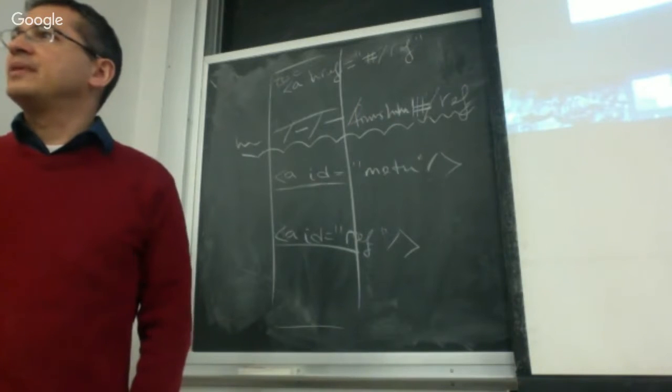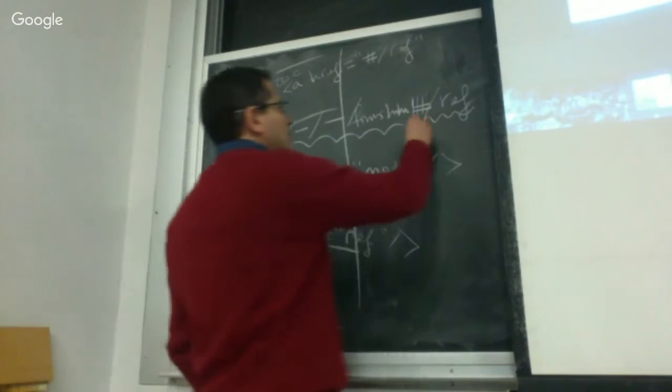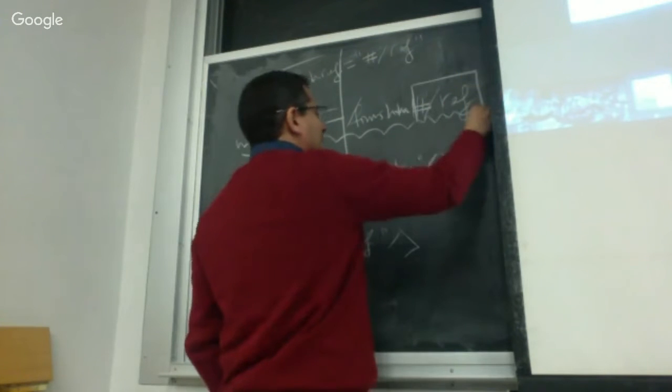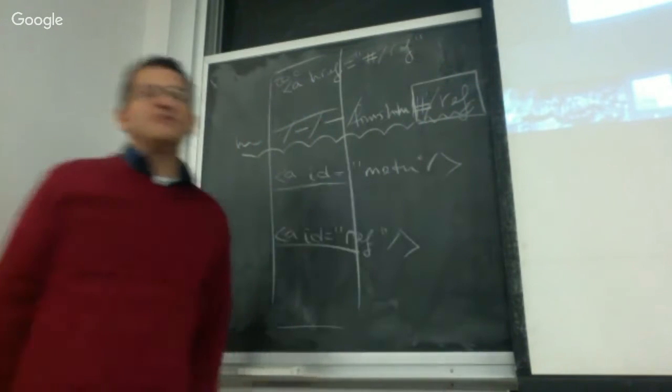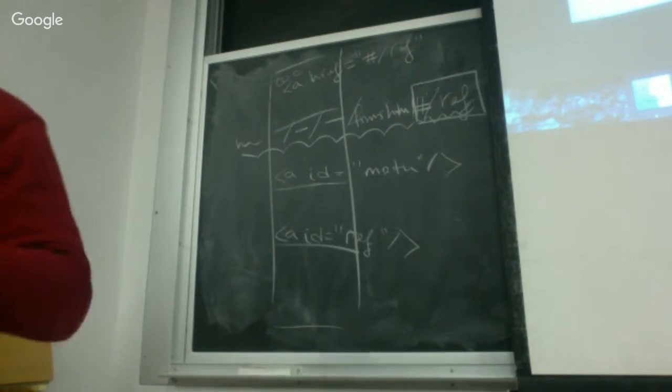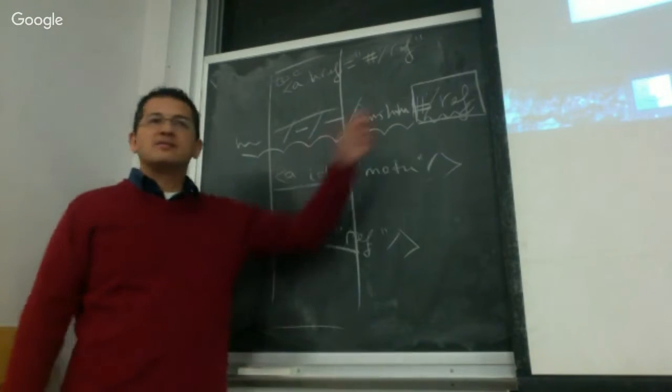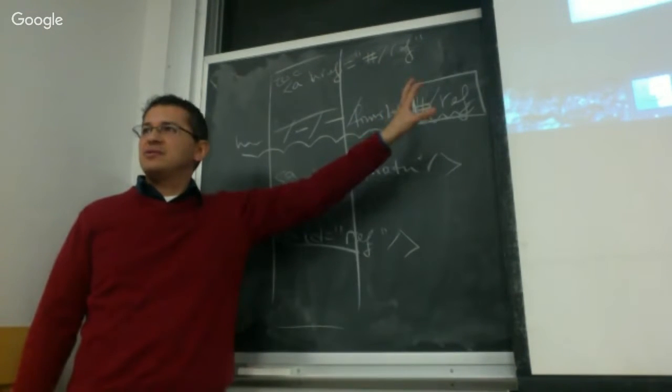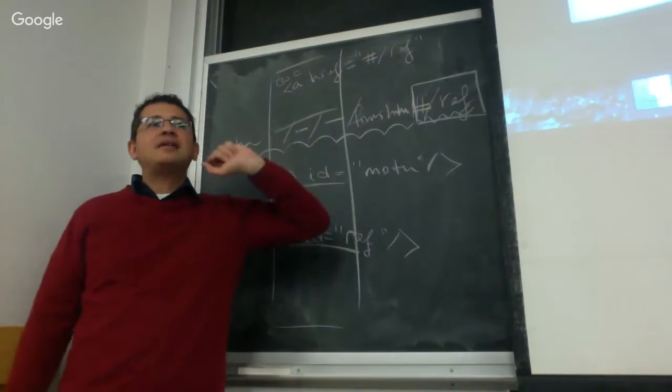Yes, right? So what AngularJS and many of these MVC libraries do is they hijack this behavior. They take advantage of this existing mechanism of working with hashes, and it says, I can work with this.